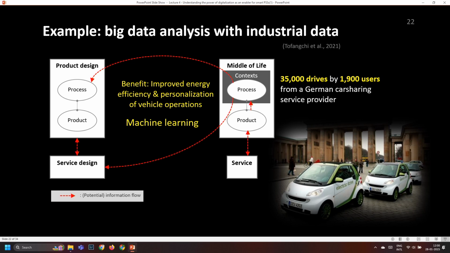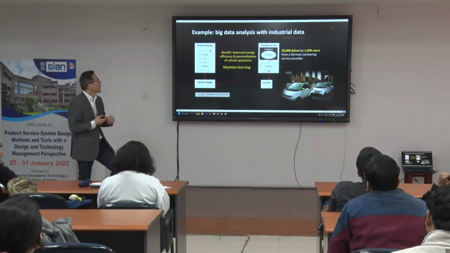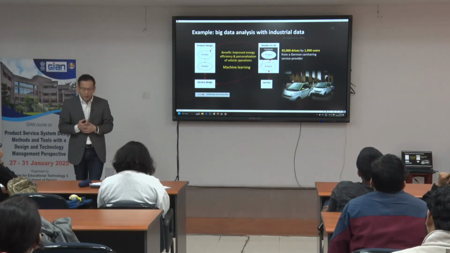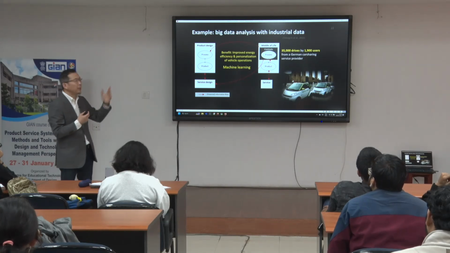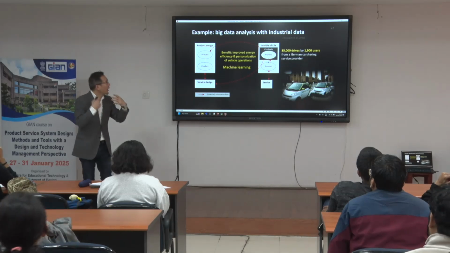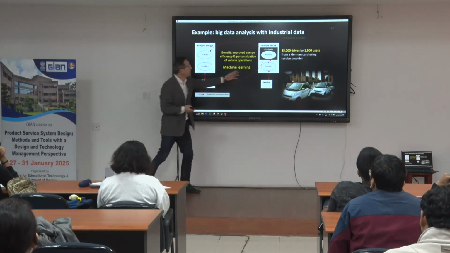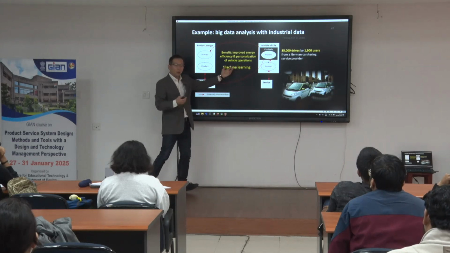And then they analyzed the data set in order to improve the energy efficiency and also the personalization potential depending on the users. And then they used machine learning, and the paper shows credible results, meaning that the benefit exists, no?